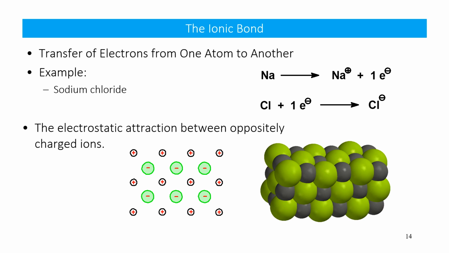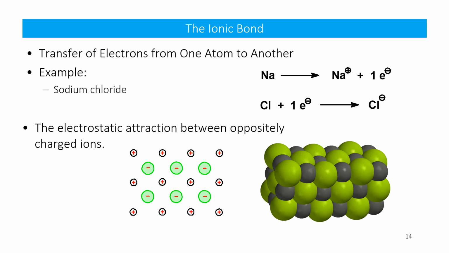We can use these ideas now to decide on what type of bonding our atom is going to be involved in. So for example, here we know from past chemistries that the alkali metals, which include sodium, form bonds by donating electrons. In this case, it will donate to a chlorine.